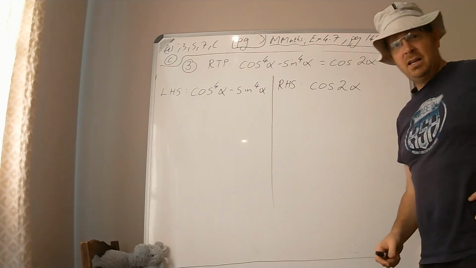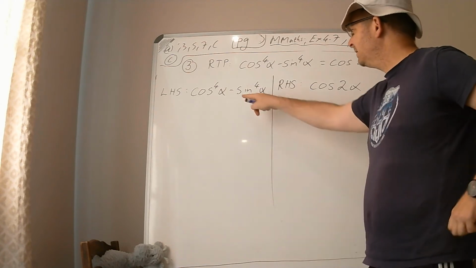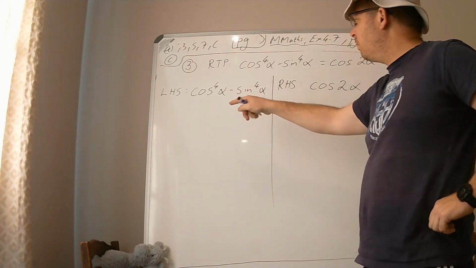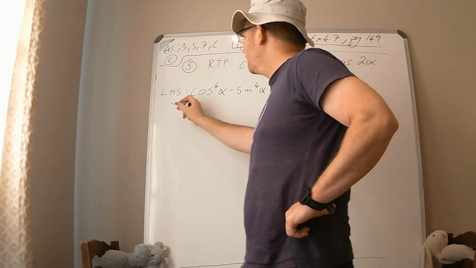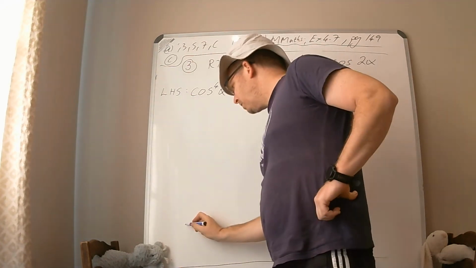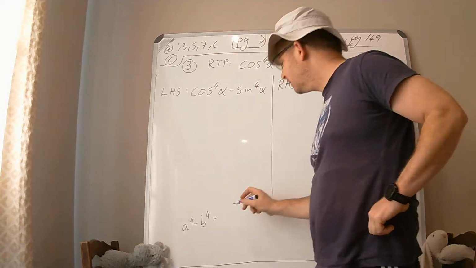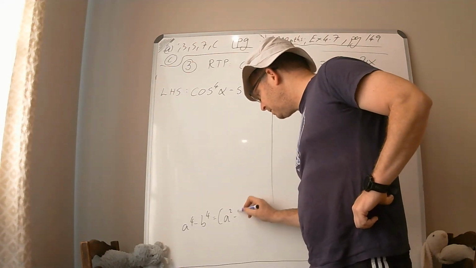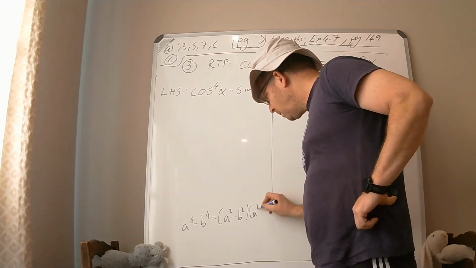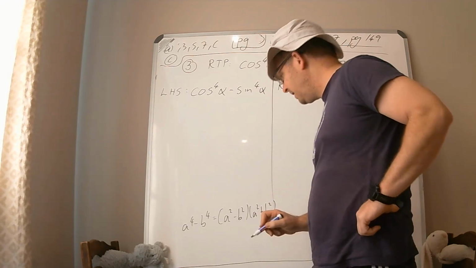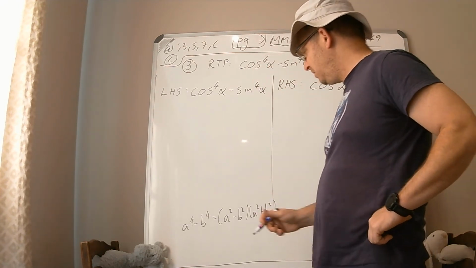So, Daniela, tell us please, if you had a to the 4 minus b to the 4, let's go to the side at the bottom of your page here. How could you factorize that? Indeed, all the way from the south, you are quite right. Could you do some more with that?